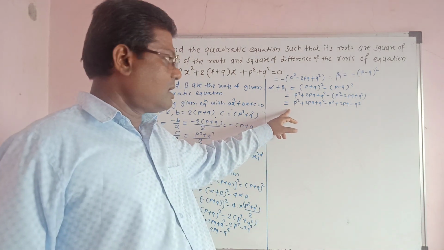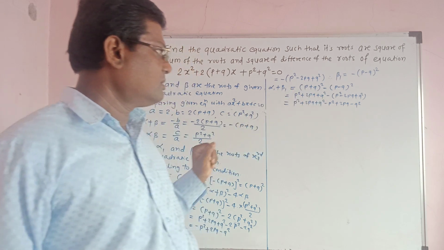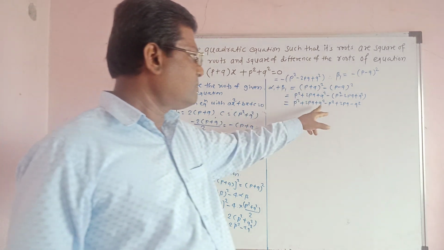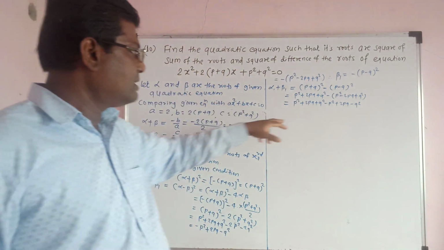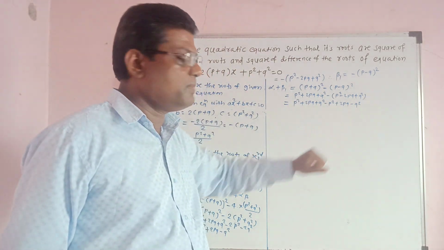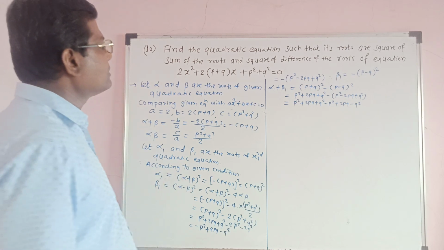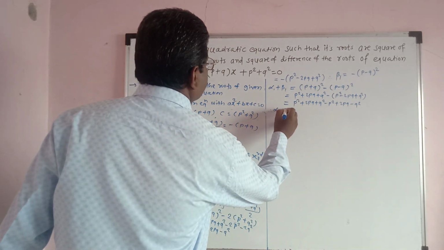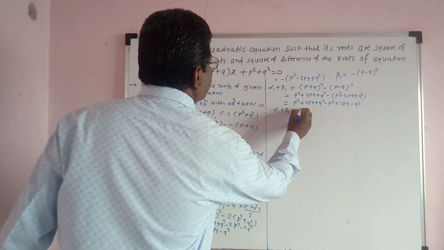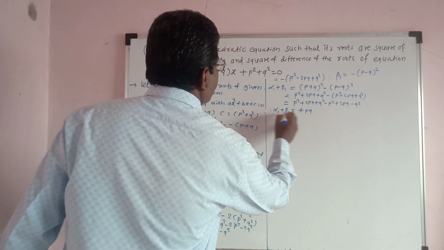Plus p square and minus p square will get cancelled, plus q square and minus q square will get cancelled. Then 2pq plus 2pq will be 4pq. Therefore the sum of roots of the required quadratic equation, alpha 1 plus beta 1, is equal to 4pq.